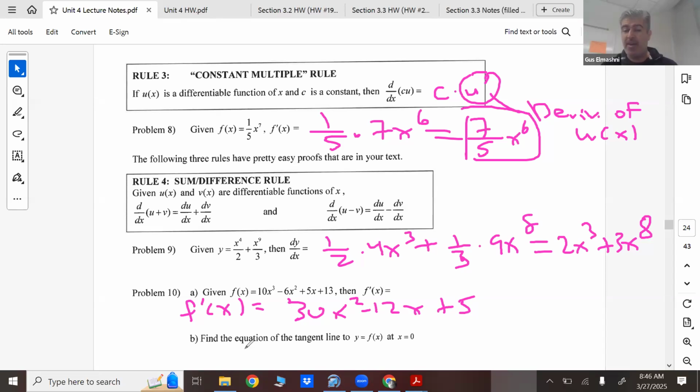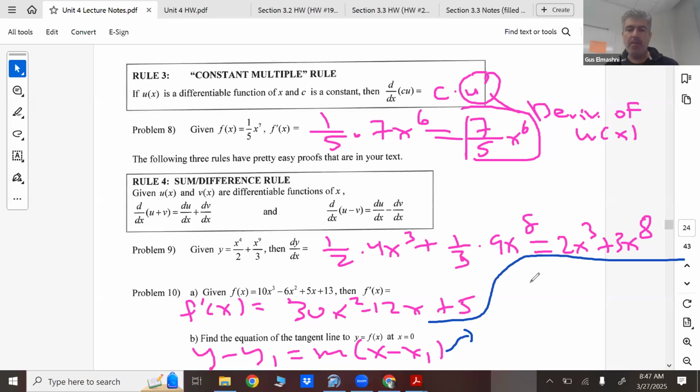Now, the equation of a tangent line, that shouldn't be so bad. Remember we lean on point slope form? And how do we express the slope? Where do we get the slope from? From the derivative, exactly. So if you think about it, I should probably figure out what f of 0 is first.